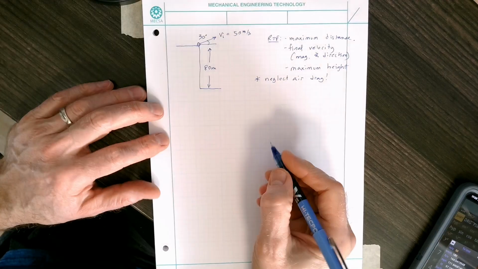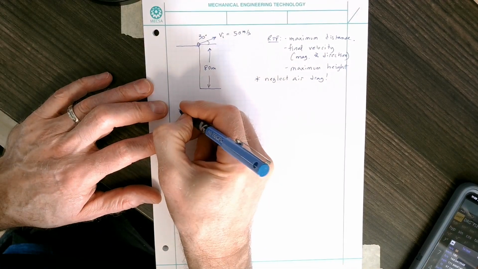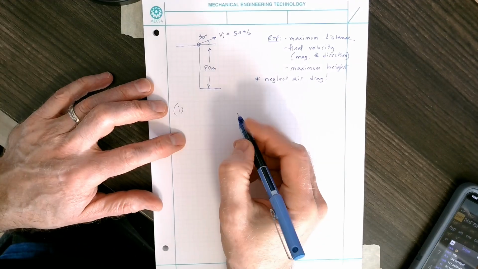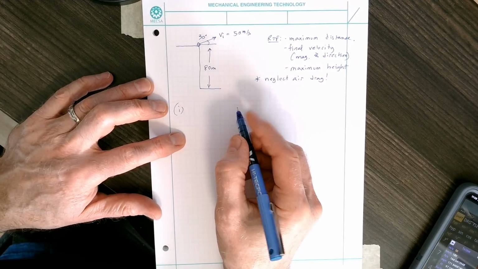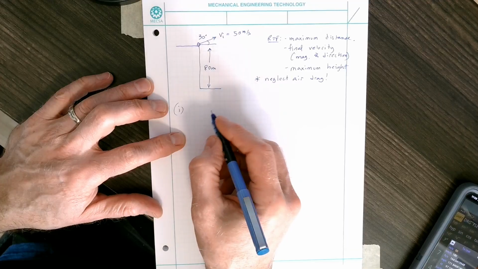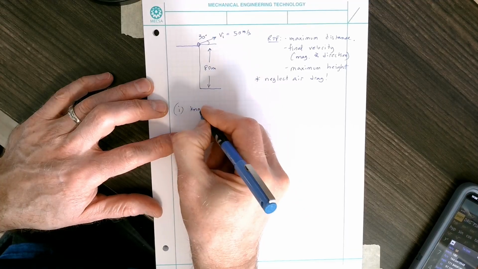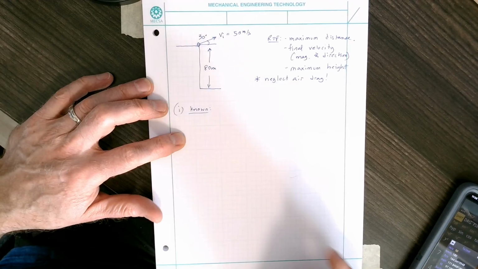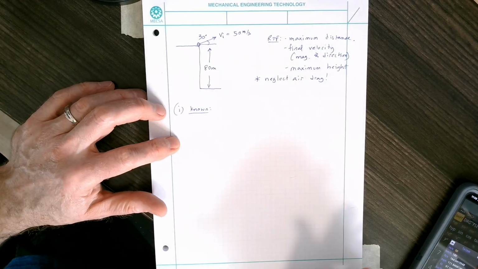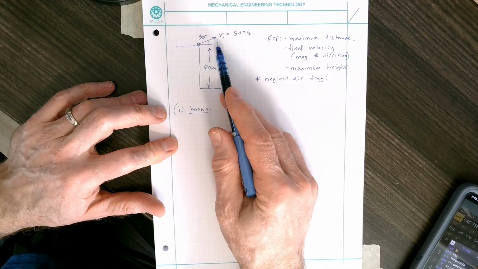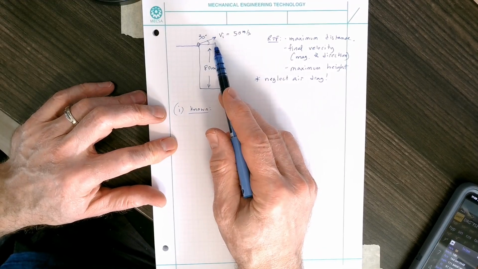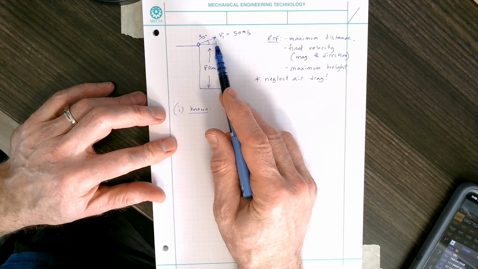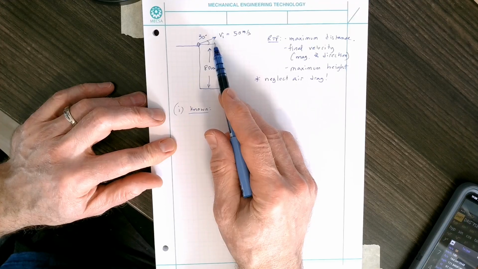Okay, so step one. Let's look at what we have for equations. Here's what we know. Not equations, but data as well. Now with this question, because there's an acceleration in y, and we call that gravity, and not in x, there's no acceleration in x.